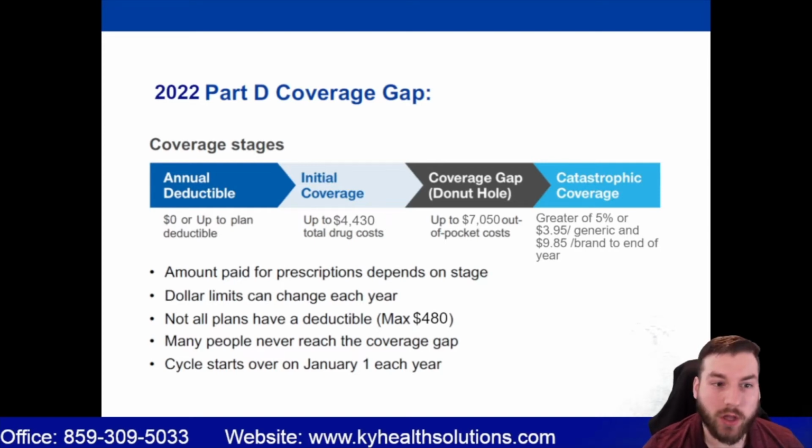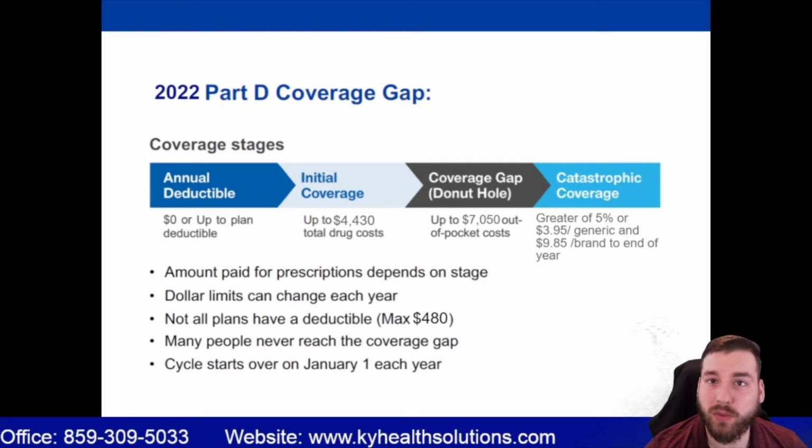You would pay these copays up to where you and the insurance company combined pay $4,430. Then we move to what we call the coverage gap, or what some people refer to as the donut hole. In this donut hole, you're going to be paying 25% of the cost for your medications, generic or brand name.